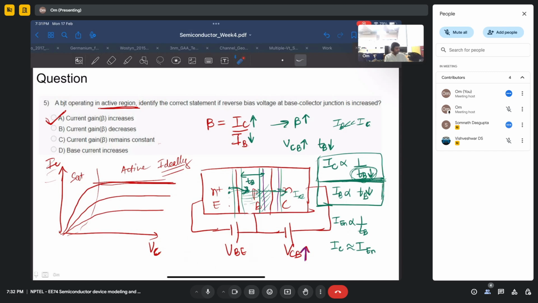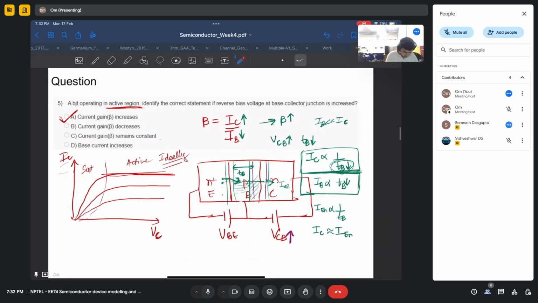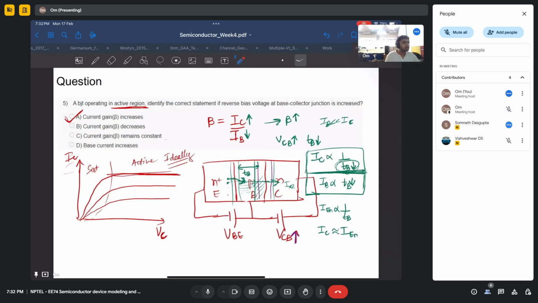Let me see if I have those formulas somewhere. I can write them for you. I don't have the formulas right now with me. Maybe try to look for it in the videos, I think it is there.